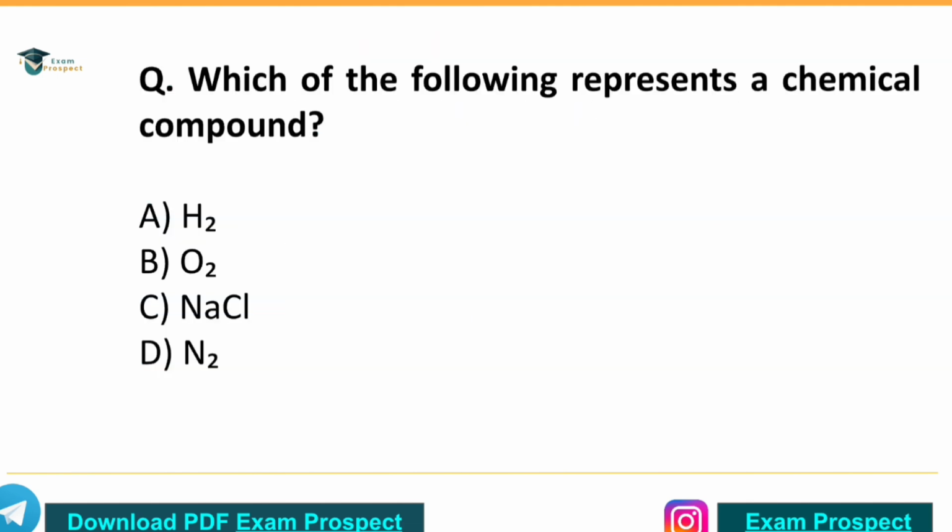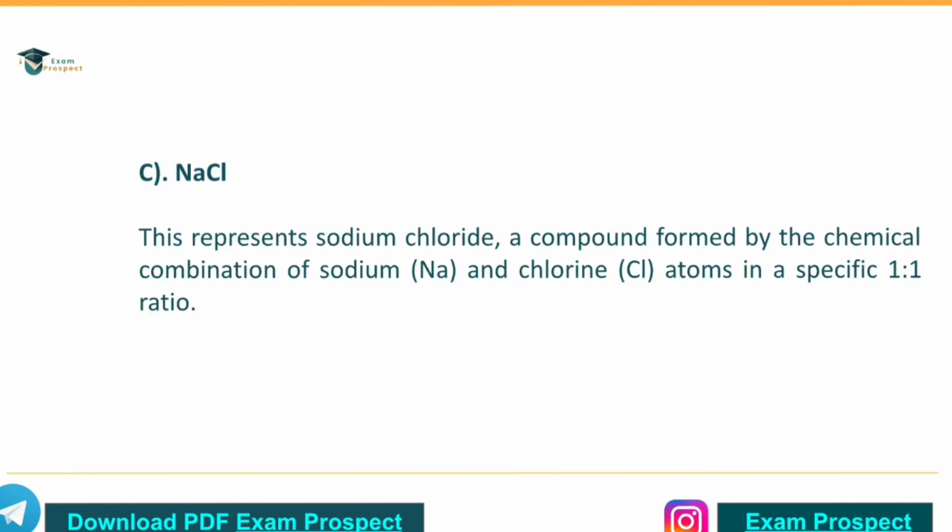Next question, which of the following represents a chemical compound? The correct answer is option C, the combination of sodium and chloride.